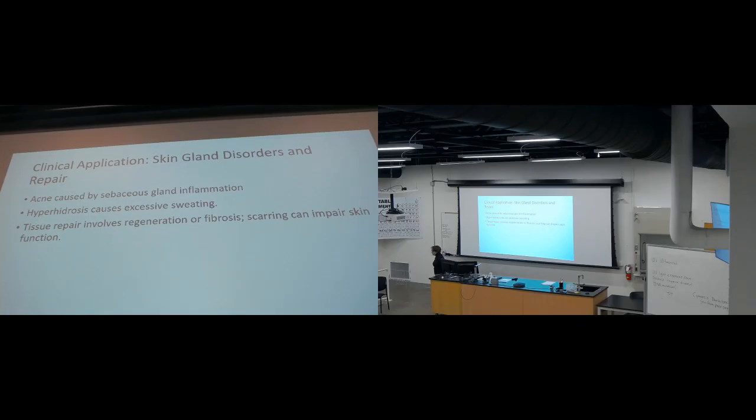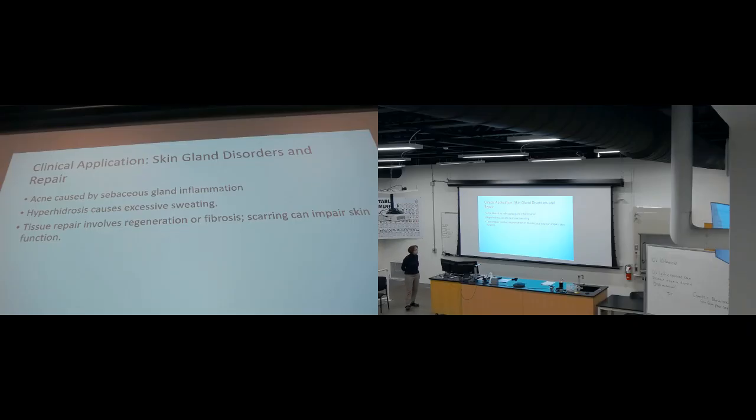Other problems of the skin will be infections in the follicles like acne. This happens frequently during puberty, and this is because you have overactivity of the sebaceous glands, and they become inflamed with the bacteria that exist in the skin. Also some people may have a tendency to hyperhidrosis, or oversweating.